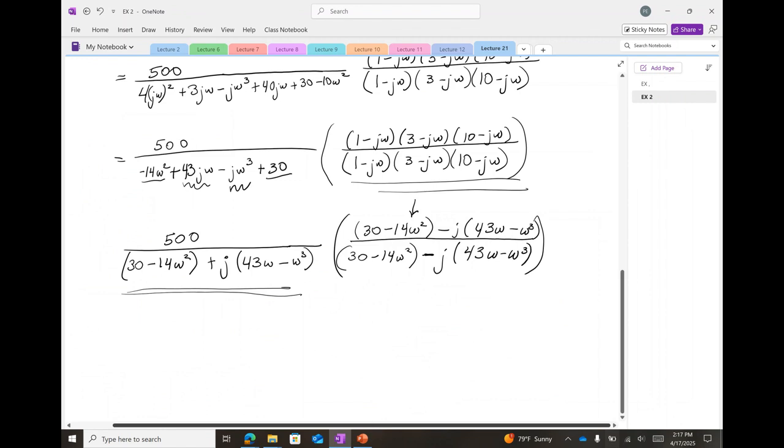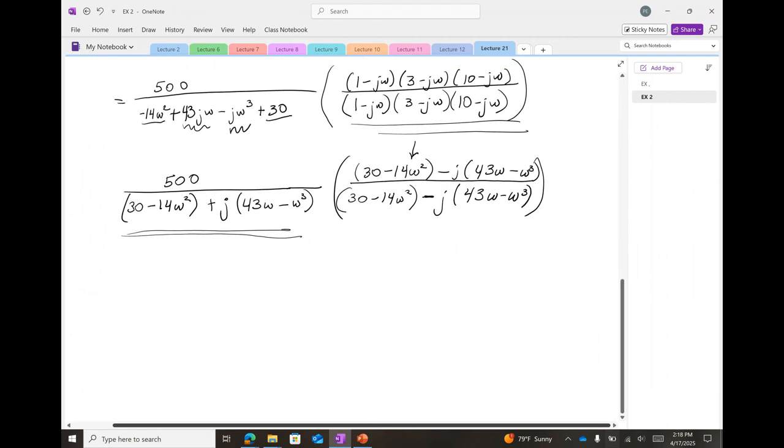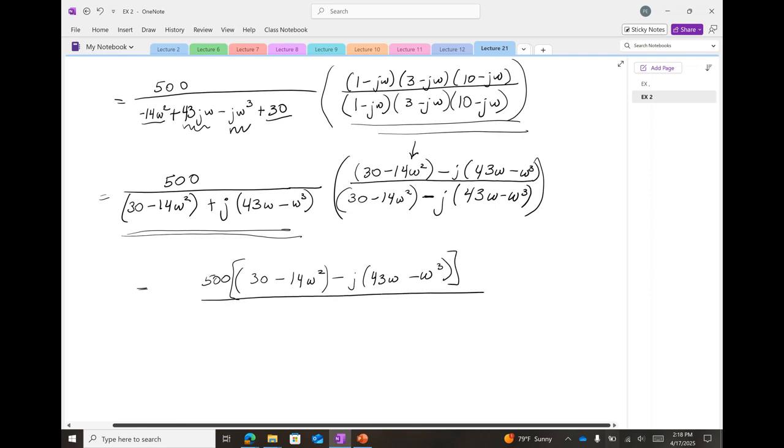Okay, so we are going to multiply the top. So we get 500 times 30 minus 14 omega squared minus j 43 omega minus omega cubed, divided by, now the nice thing about multiplying by the complex conjugate is the imaginary part will cancel.